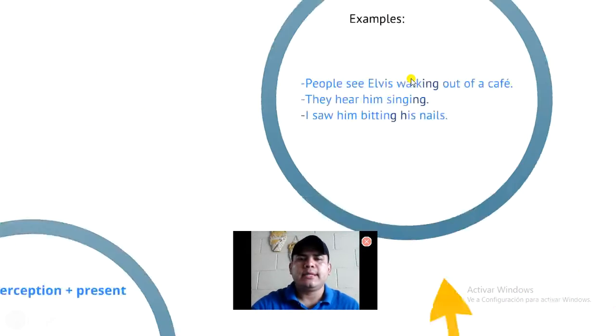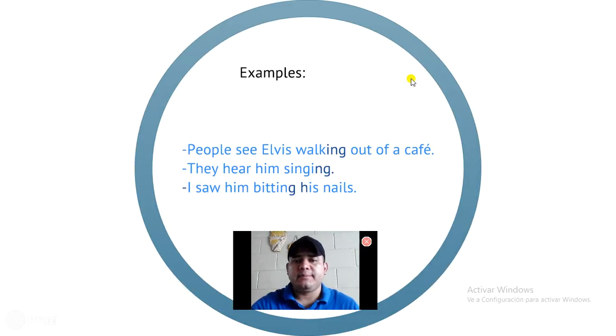So let's see some examples of verbs of perception over here. Remember that we are talking about Elvis Presley on page number 46 of your book. We have some expressions in some sentences over here. People see Elvis walking out of a cafe. So in this case, the verb of perception is see, and after see, we use walking.